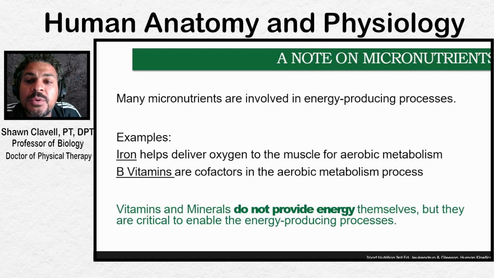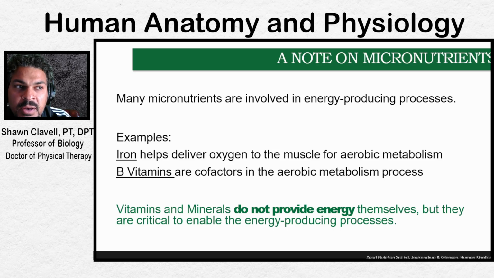Now, just a few notes on some of the other micronutrients that we think about. So things like electrolytes and vitamins, they don't necessarily provide energy themselves, but they're critical in enabling the energy producing processes, right?